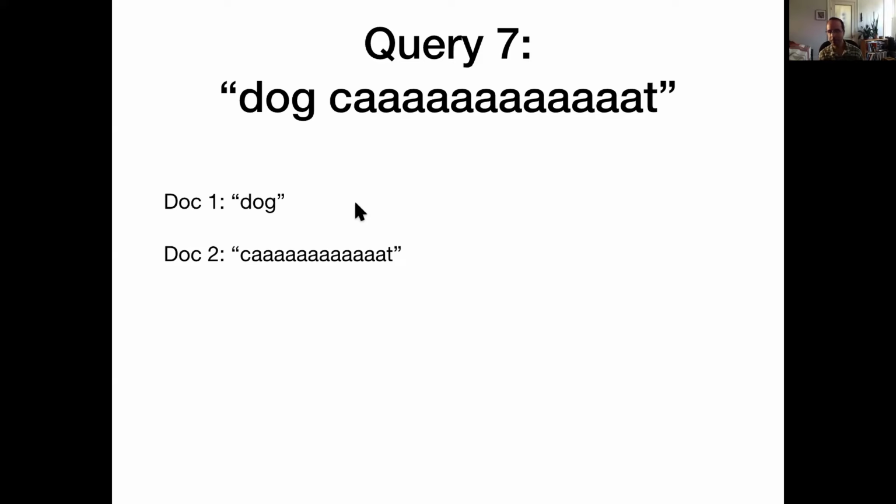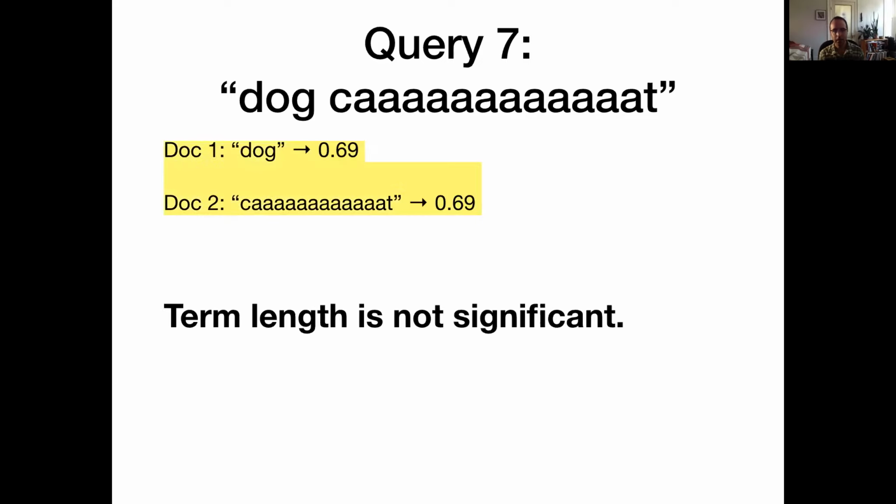I see a guess for tie, another guess for tie, one guess for doc 1. Okay, so again, using the standard analyzer and a basic setup, term length is not significant. The length of a token doesn't have any bearing on the score. Each document matches one of the 2 query terms, and so the scores are tied.